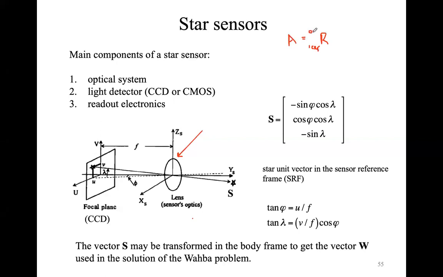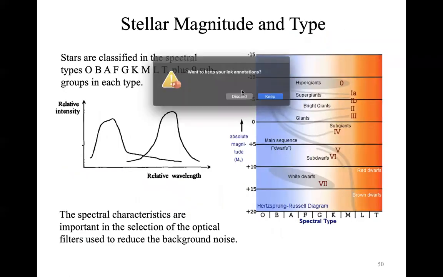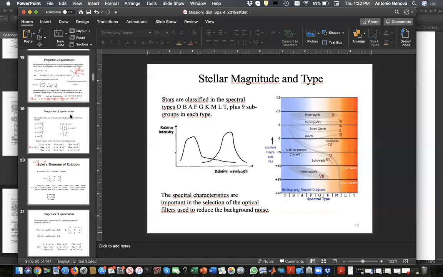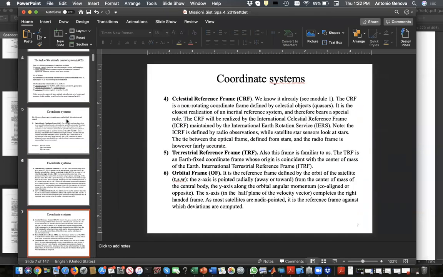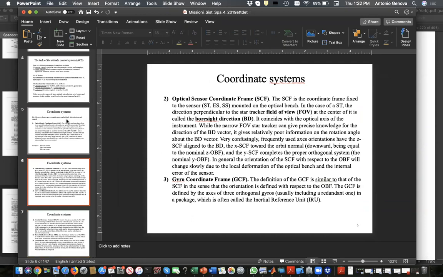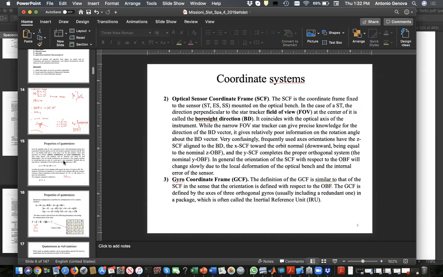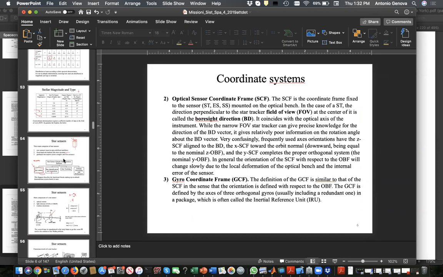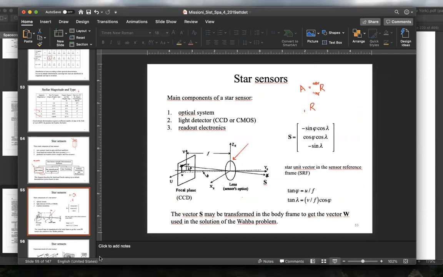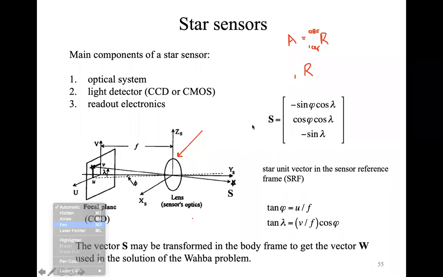Here, you have to be careful that when you have measurements from the star trackers, you have an additional matrix, the instrument one, just to use the same acronym: the SCF, the optical sensor coordinate frame, to the OBF.